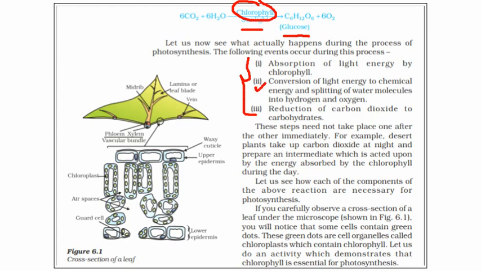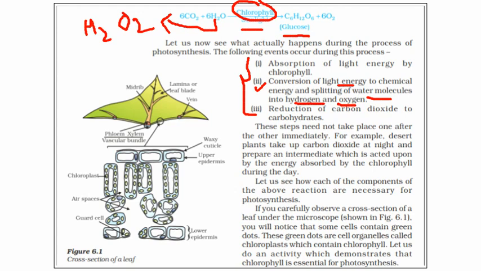The second one is the conversion of light energy to chemical energy, and splitting of the water molecule into hydrogen and oxygen. Here the water molecule H2O splits into H2 plus O2.